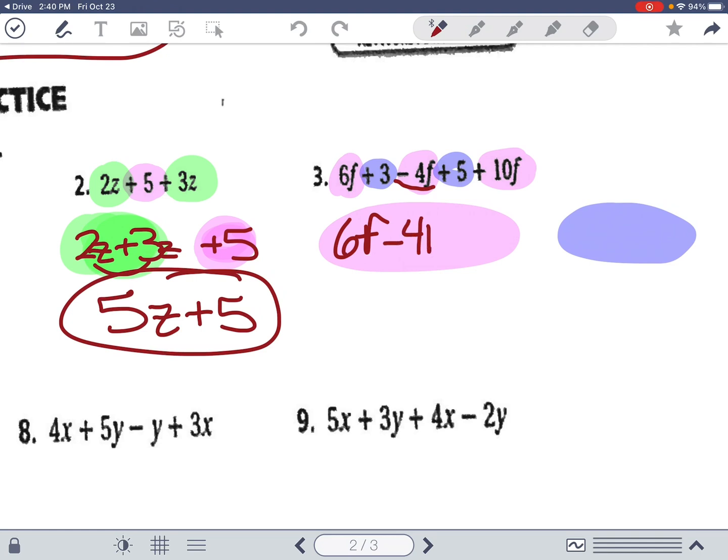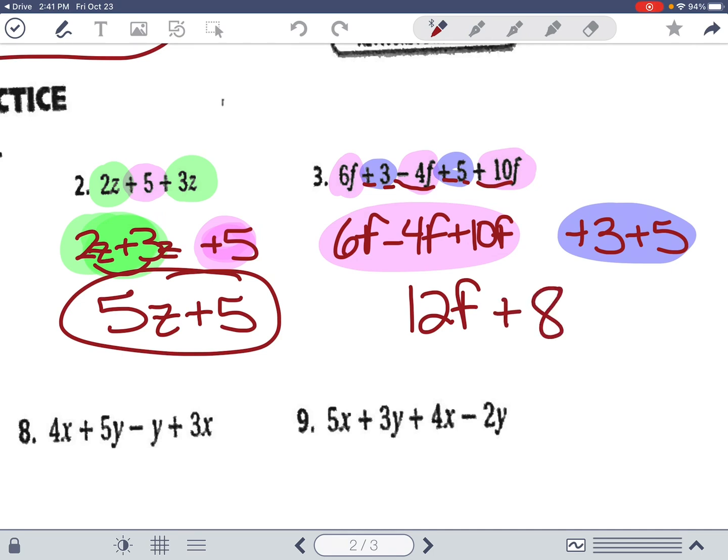Minus 4f plus 10f. In my purple bubble, I have a plus 3 plus 5. My pink bubble becomes 6, take away 4, which is 2, plus 10, which is 12f. In my purple bubble, I have a plus 3 plus 5, which is a positive 8, or plus 8.